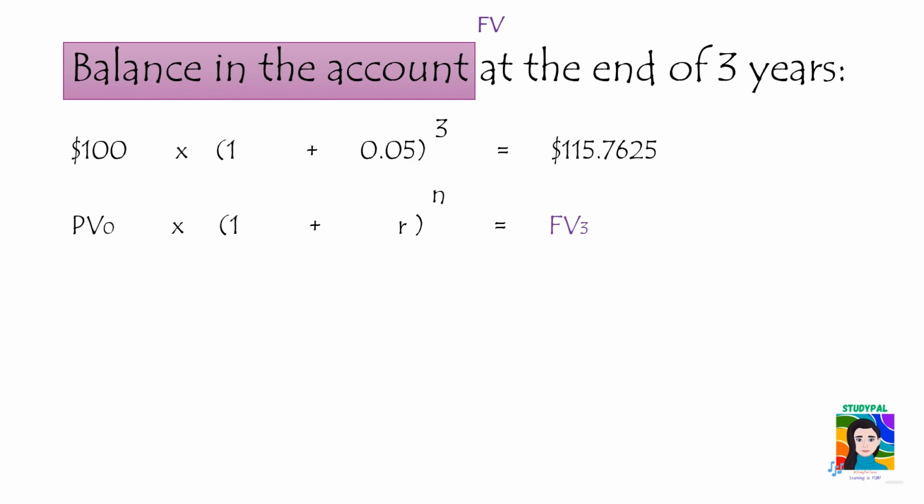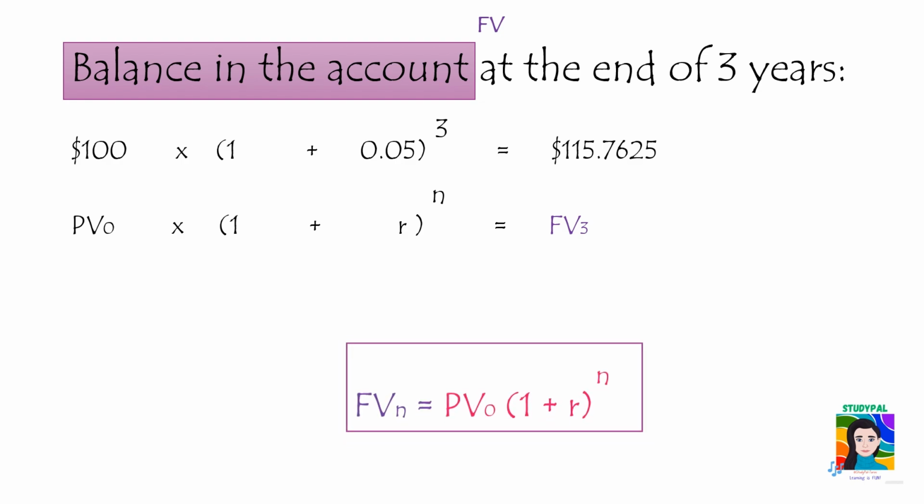So this is simply the same thing that we did before. So here we are coming up with a formula for that. So the present value times 1 plus the interest rate to the power n, the number of periods, is the future value. Here's the equation.